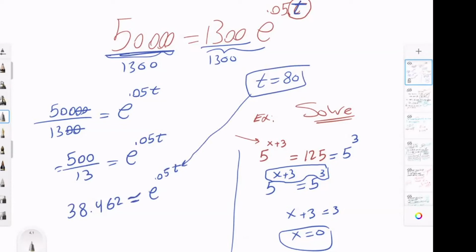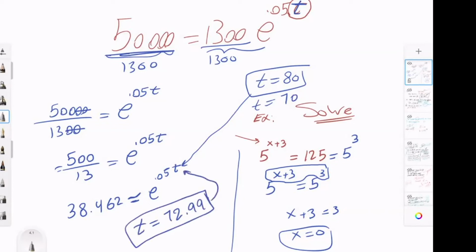If it's not, you put t equal to 70. I know it's horrible because you don't know log, but you're going to learn log soon. But that's how you're going to estimate this one. I think it should be around 72.99, wow. t equals 72.99. If that's a homework question, that's 72.99.